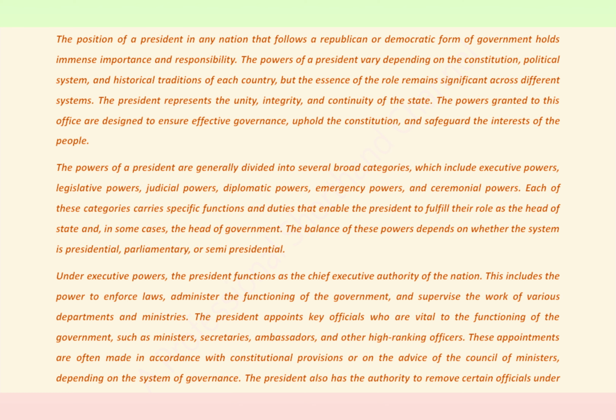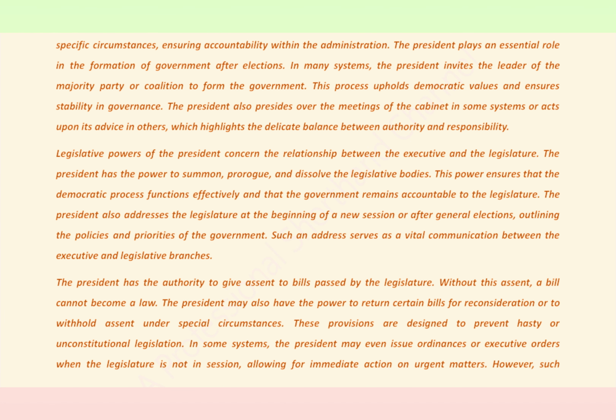These appointments are often made in accordance with constitutional provisions or on the advice of the Council of Ministers, depending on the system of governance. The President also has the authority to remove certain officials under specific circumstances, ensuring accountability within the administration.